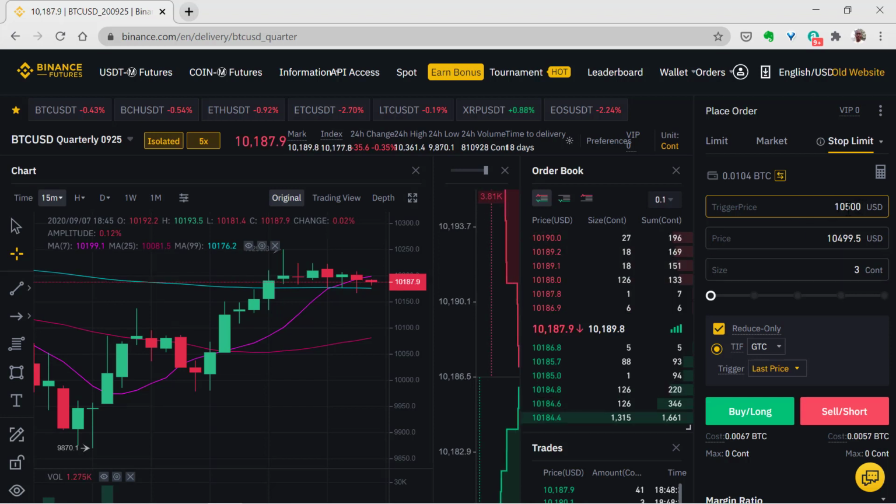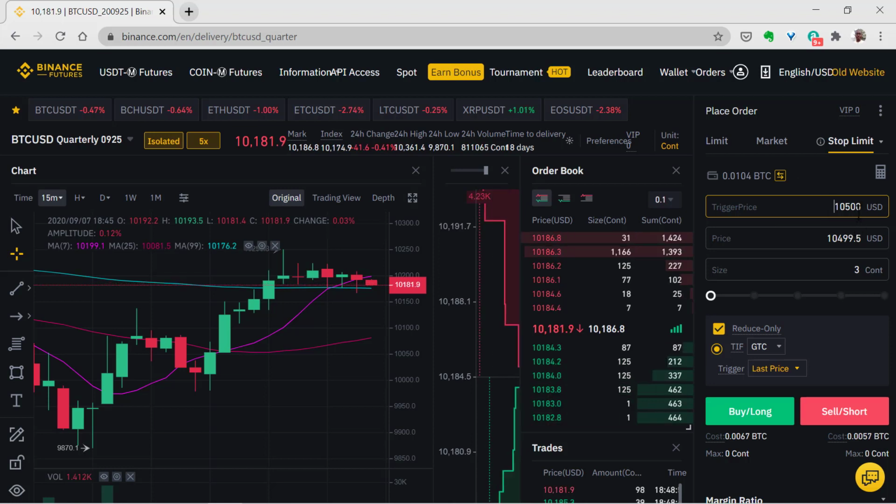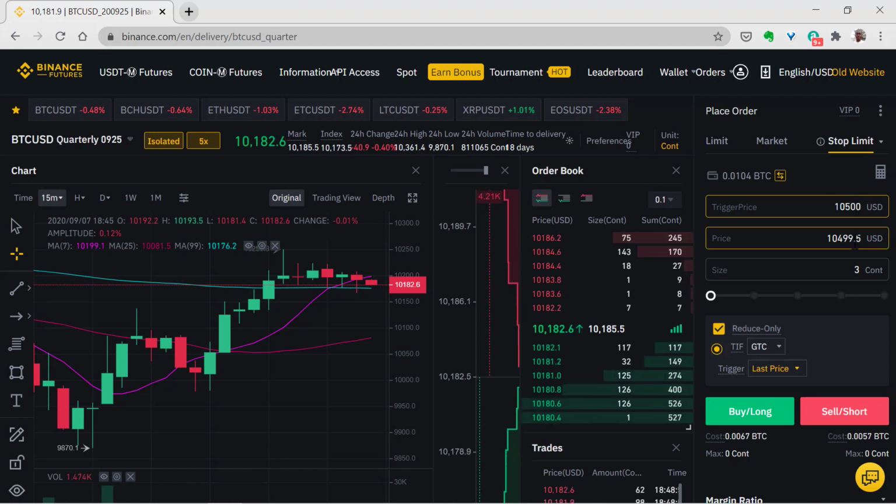So this will first of all execute before this order for 10.499.5. 3 contracts will be placed right here on the order book. So if you notice, there's a little difference here between the trigger price and the limit price here.